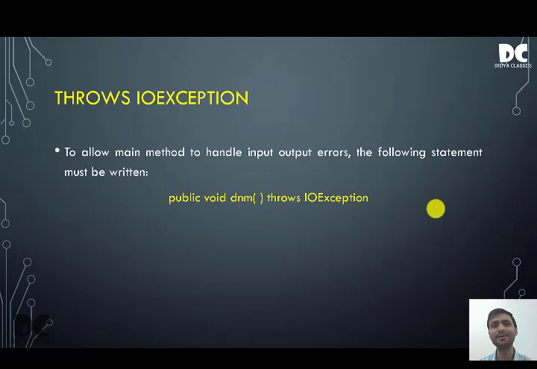If you can remember about the Scanner class, we used to write public void and then the function name throws InputMismatchException. Do you remember this line? In Scanner class 9, you used to write this statement, throws InputMismatchException. These are almost equivalent, almost similar, throws IOException.